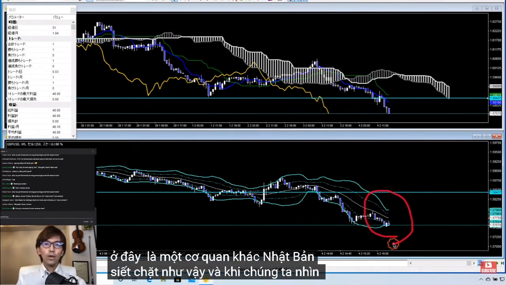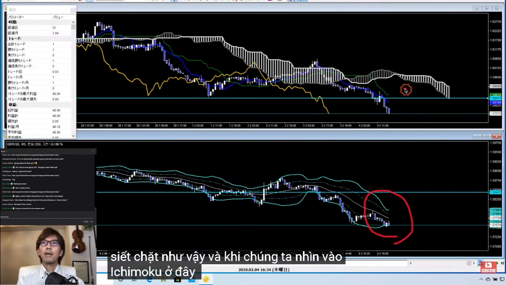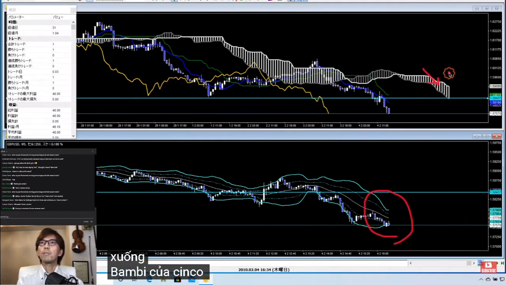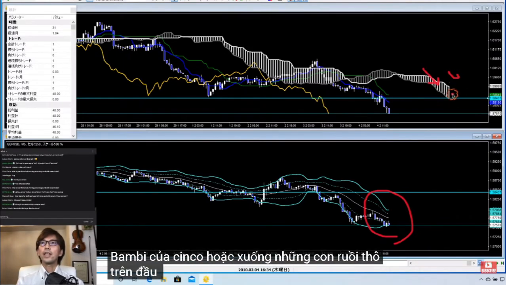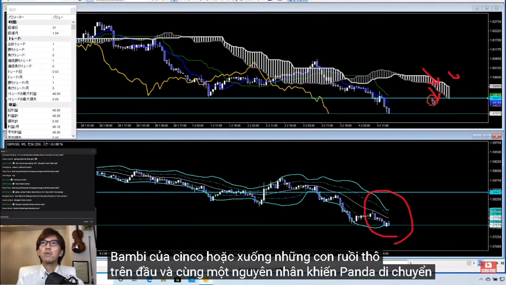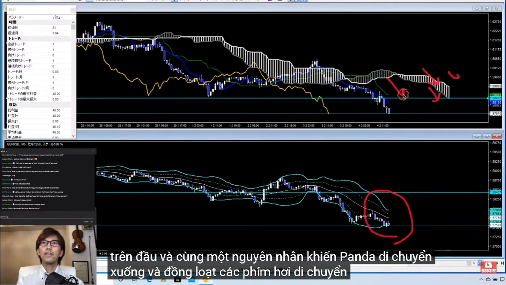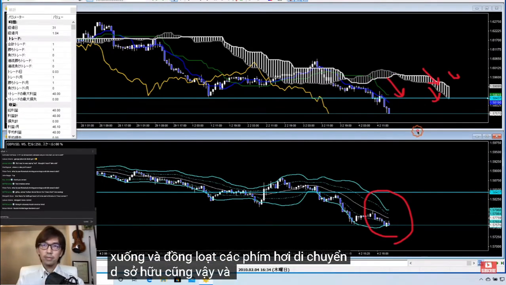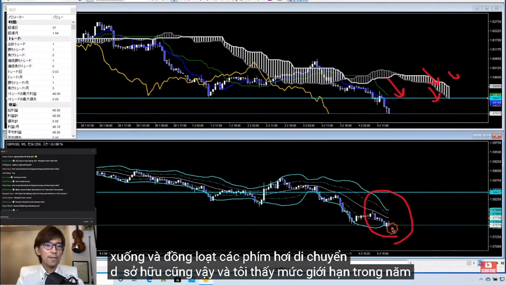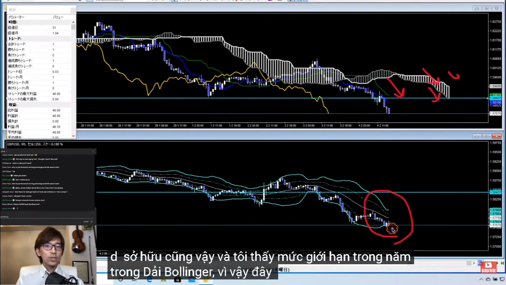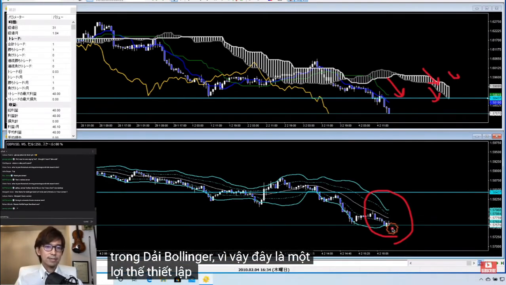And when we look at the Ichimoku here, again, Kumo is sloping down. Senkou Span B is either downward or horizontal, Senkou Span A is moving down, and Kijun-sen is slightly moving down too. And I see the squeeze in the 5 in Bollinger Bands. So this is another great selling edge.